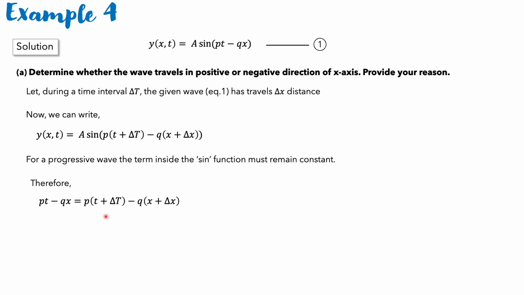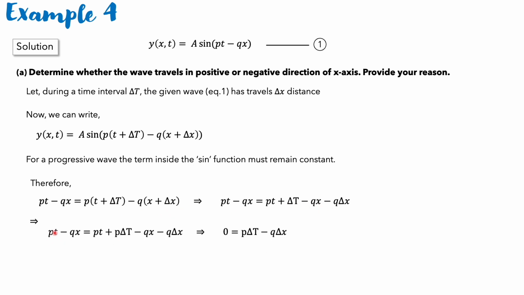After multiplying p in the bracket and q also in the bracket, we get pt plus p delta t minus qx minus q delta x. Now pt cancels out this pt, and minus qx cancels out this minus qx, and we are left with 0 on the left hand side and p delta t minus q delta x on the right hand side of the equation.